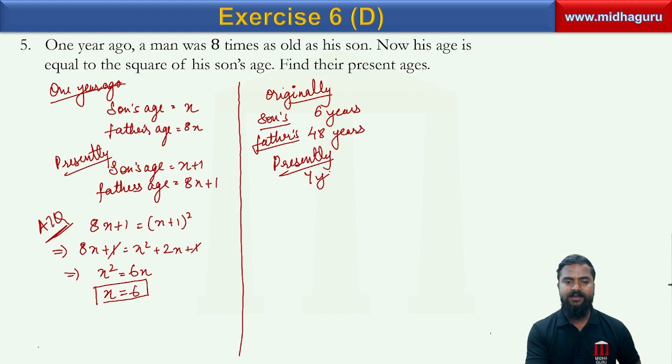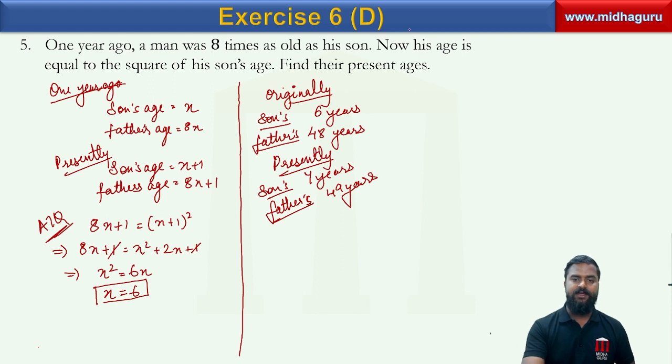We will say 7 years is the son's age and that of the father is 49 years. Checking the configuration, we see that 6 into 8 is the 48 years that we derived from this relation. And here we can see that after 1 year, as the question says, his age is equal to the square of his son's age. We can see that 7 years is the son's age and the father's age is 49 years. So we'll move on to the next question.